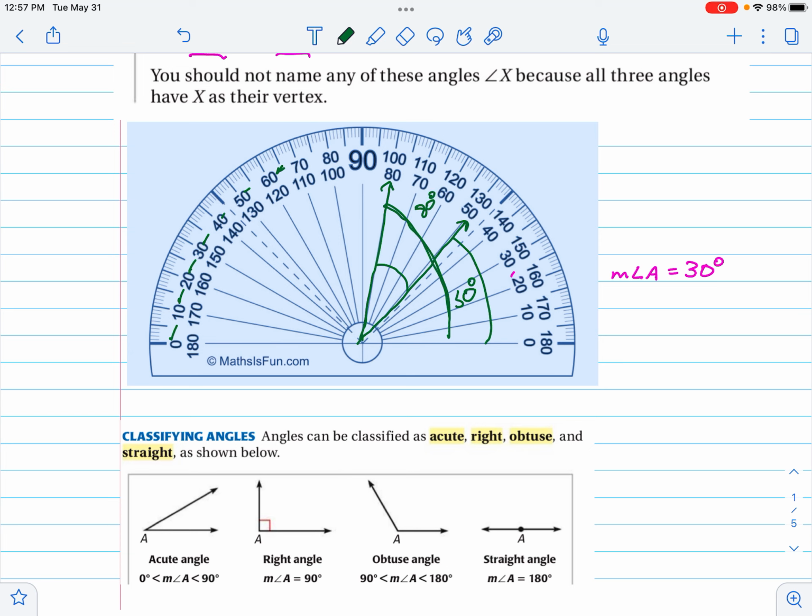So this whole thing is 80 degrees, but I don't want this 50 degree part. So if I take 80 degrees minus 50 degrees, I get 30 degrees. And that is what this angle is right here. Just a refresher on how we use the protractor. We're not going to use the protractor a whole lot, but just so that you'll see.